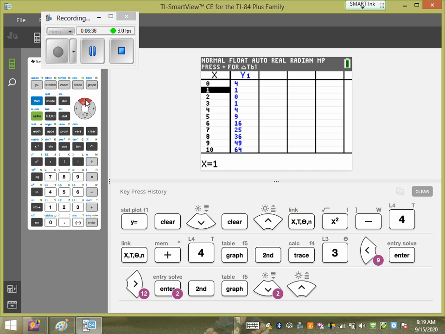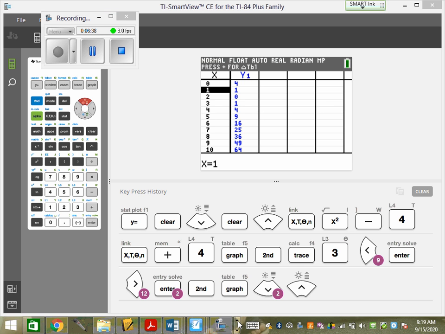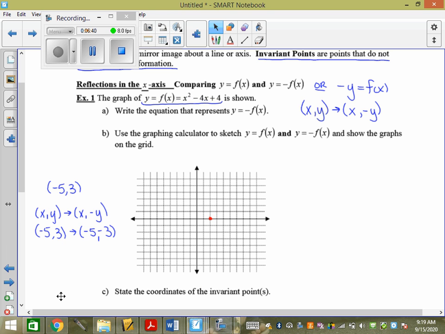So I'm going to plot those. And I draw the full parabola. It's a quadratic, right? Yep. Second graph.